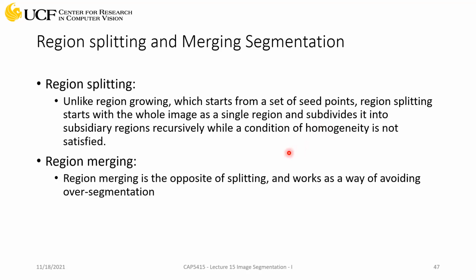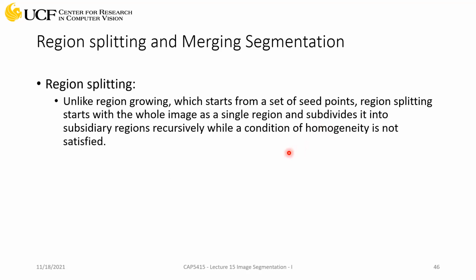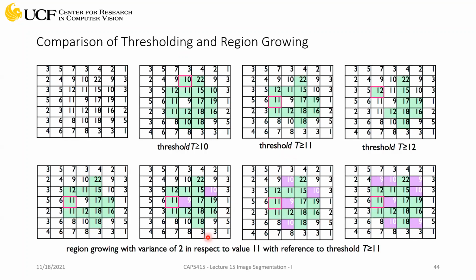I think there's another question from Rochia. Can you repeat the variance part in the last slide? Okay, so variance, right now it's not exactly variance. This is a threshold which you consider when you decide whether two neighboring pixels belong to the same segment or not.